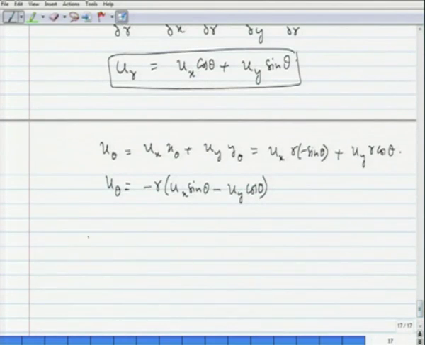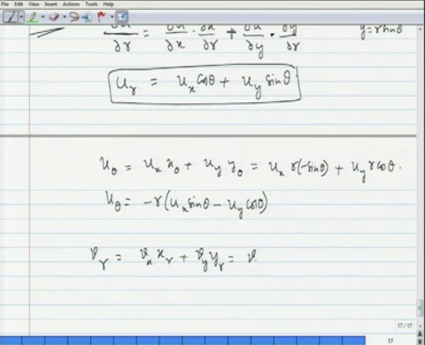Okay. Likewise, v r one can calculate is v x x r plus v y y r, which is going to be v x cosine theta plus v y sin theta. Okay.